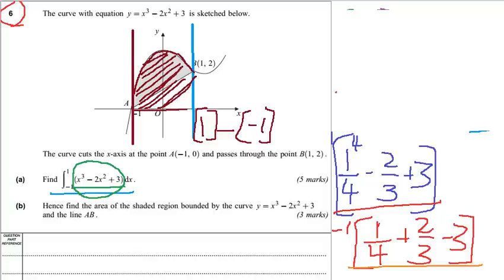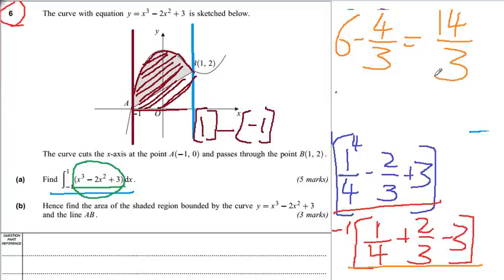This minus 2/3 take away 2/3 is minus 4 over 3, and 3 take away minus 3 is going to be 6. So you're going to get 6 minus 4 over 3, which is equal to 14 over 3. And that's your answer. That's the 5 marks there. Good. Right. Next question.